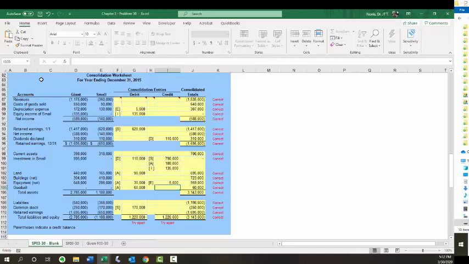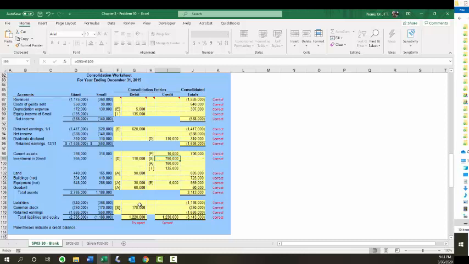And the last thing that we need to adjust is Small owed Giant $10,000. So that is a P entry, and we need to reduce current assets because it's currently sitting in accounts receivable here with Giant. So we need to remove that because that's an intercompany.